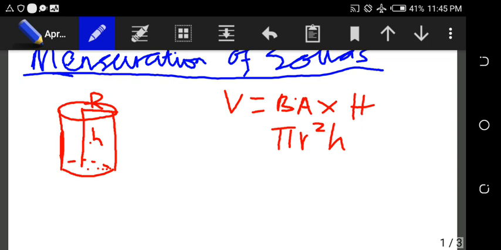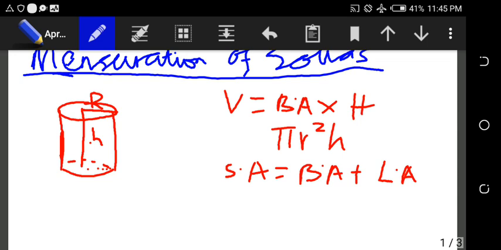Next we'll look at the surface area of a cylinder. The surface area of a cylinder is given by the base areas plus the lateral area, which I'll call LA. I'll explain what that means.